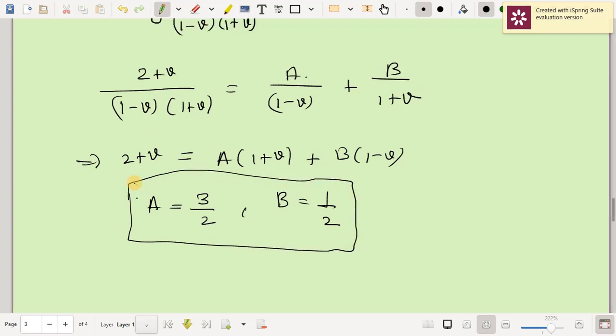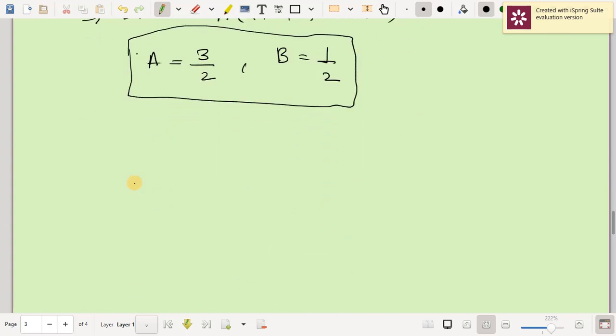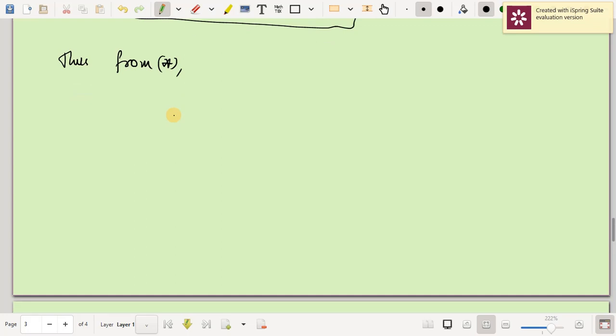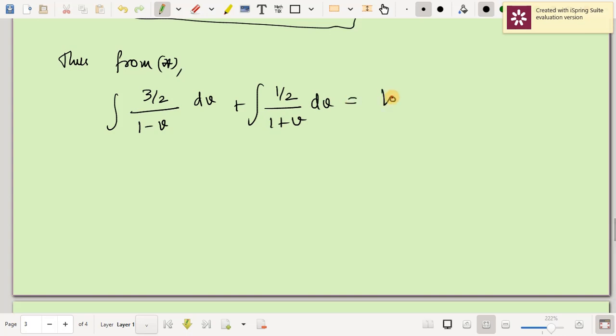So therefore I can rewrite star as this. From star we have, I can split that term, and so the first term inside the integral will be 3 by 2 upon 1 minus v dv plus the integral of 1 by 2 upon 1 plus v dv is equal to log of x plus log of c.